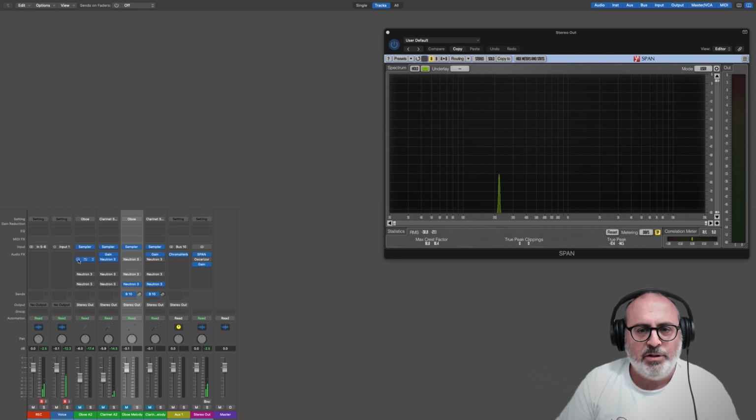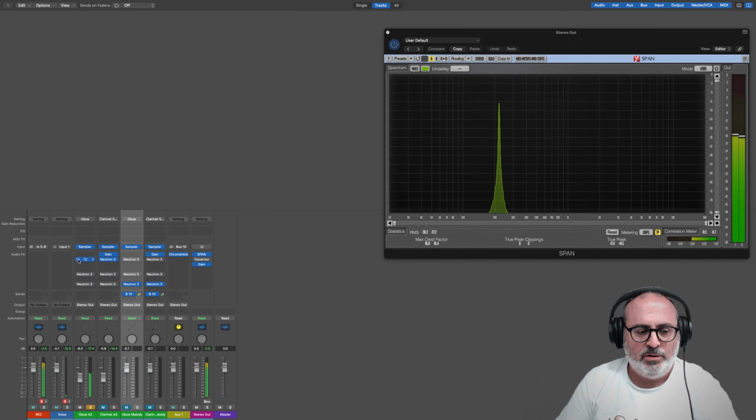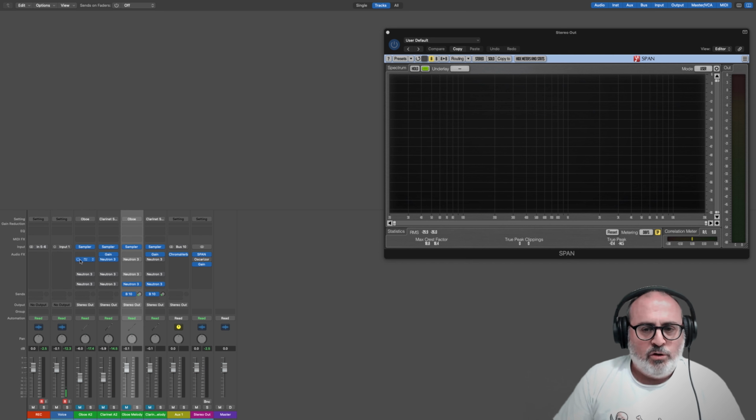Can we hear any difference between them? The answer is not really. Let's do it again. So when we only listen to the fundamental, all we hear is one fundamental frequency, and there's not really any difference between the two instruments.